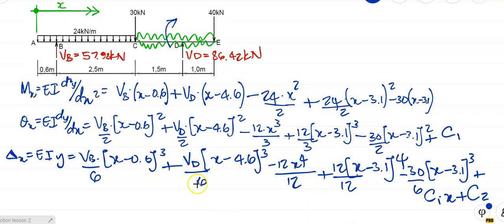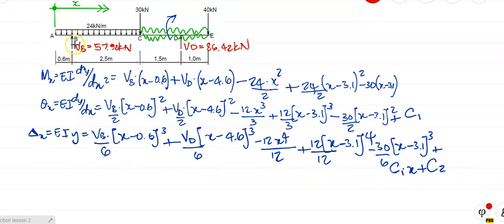And we know that the deflection at B is 0 and at D is 0. So therefore, at B, we say at x equal to 0.6, y is equal to 0.